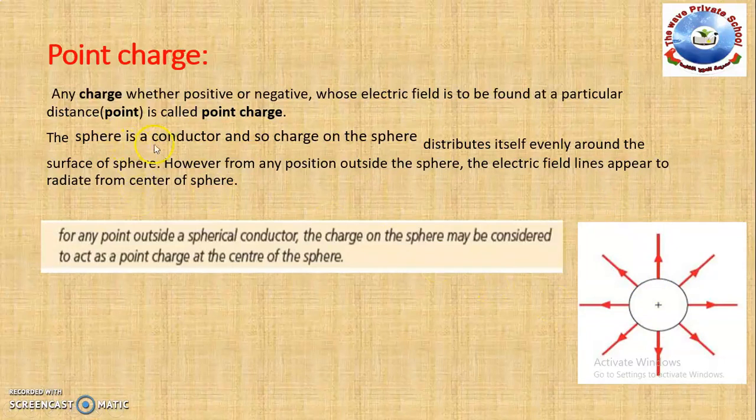The sphere is a conductor. In this picture, this circle is called a sphere, or we can say the sphere is a conductor. So charge on the sphere distributes itself evenly around the surface of the sphere.